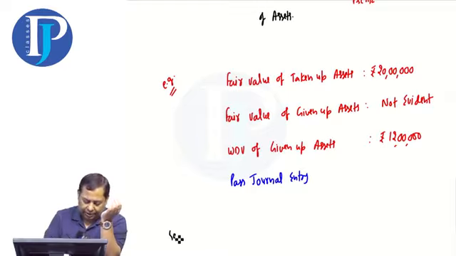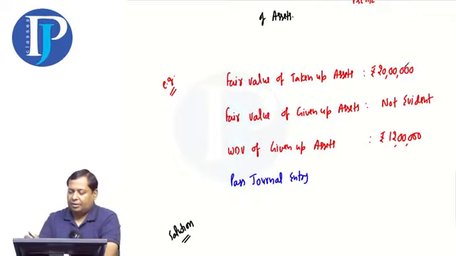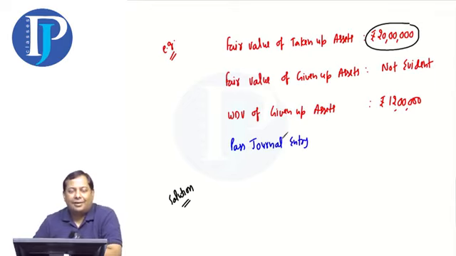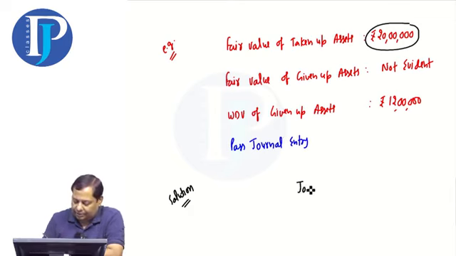If you need to pass the general entry, then simply 20 lakh rupees worth of assets we will record. We will derecognize 12 lakhs. Your difference will be 8 lakhs. Cash? No cash, because it was not in the question. Now to pass the journal entry, it will be a very simple entry.